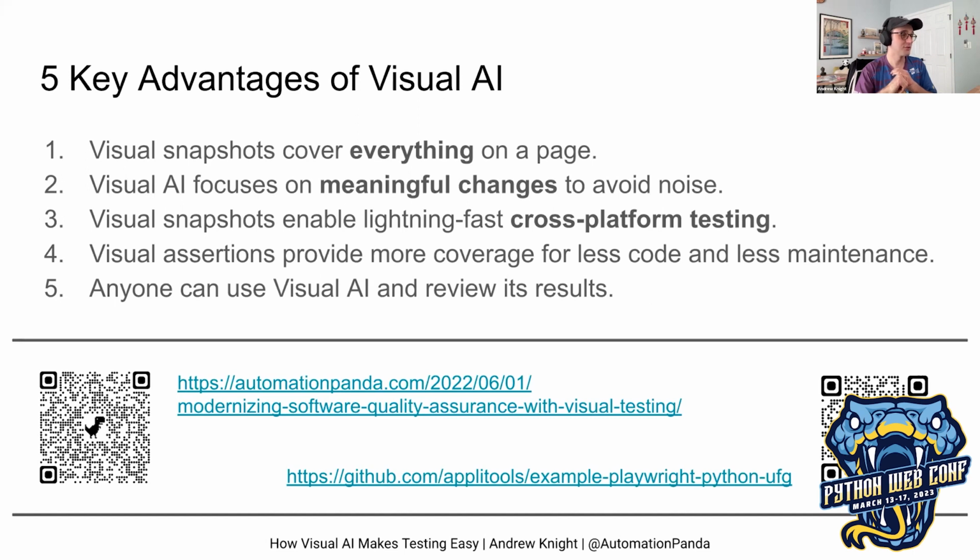Number 4, visual assertions provide more coverage for less code and less maintenance. And number 5, anyone can use visual AI and review its results. It's obvious. It shows you on the screen what's different. So you could even show this to product owners or BAs, people who aren't necessarily hands-on code.